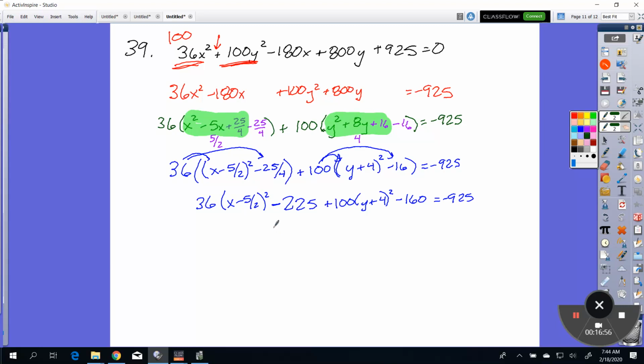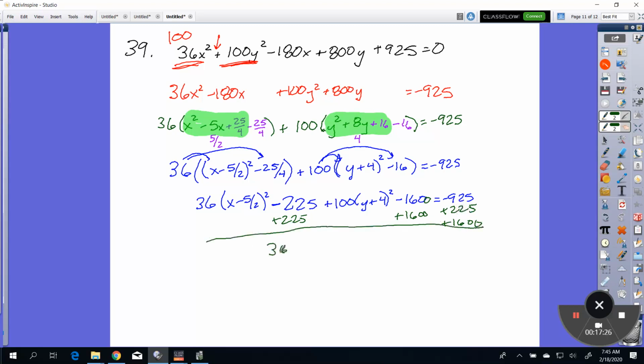But then you're still supposed to identify all the vertices and center, and yeah. So I add 225 because I want to get all my plain numbers to the other side, and I add 160 over. Yeah, it is 1600. Which is really good because otherwise I was going to leave it in negative 925, which would have been bad.